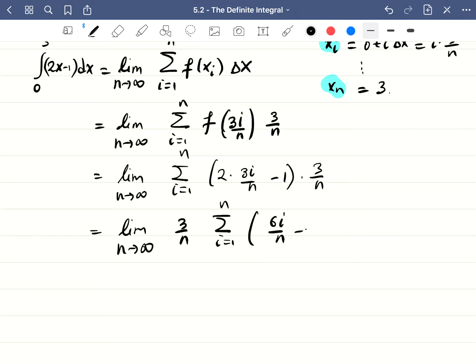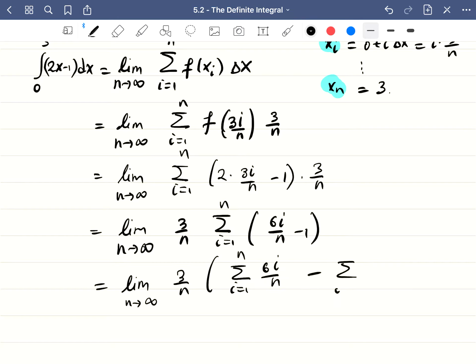Now you can split this into two pieces. So this is the limit as n goes to infinity of 3 over n times the sum i from 1 to n of 6i over n, minus the sum i from 1 to n of 1.